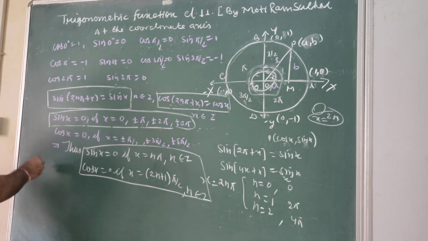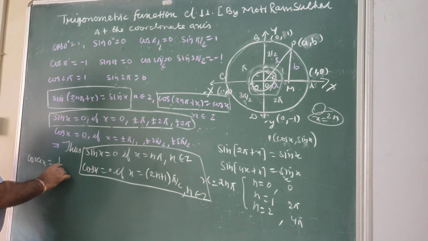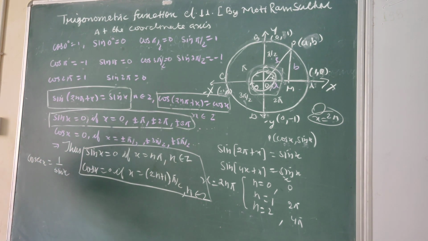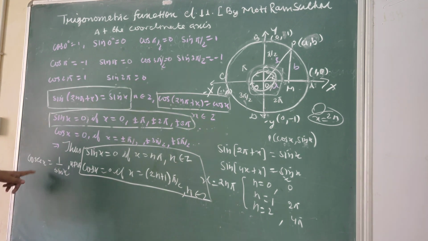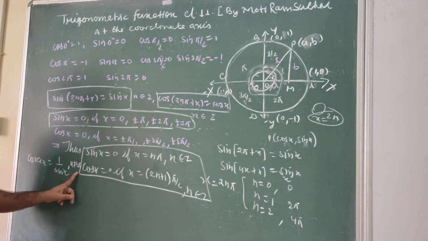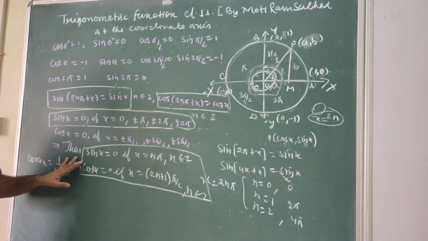Other means, like if you want to find the value of cosec x, we know that cosec x equals 1 upon sin x. So with the knowledge of sin x, we can find cosec x, where x is not equal to n pi.